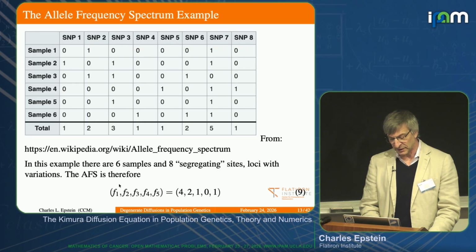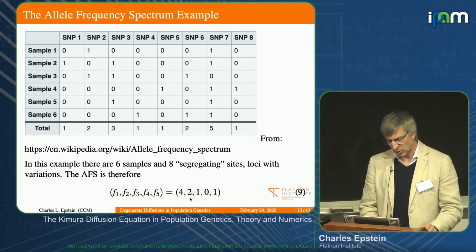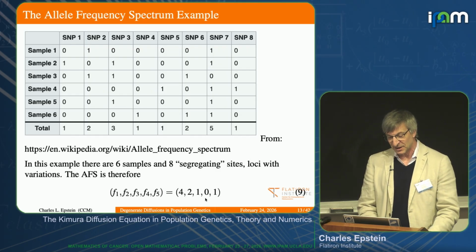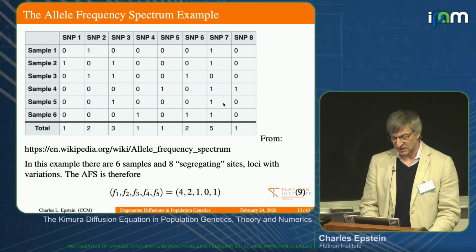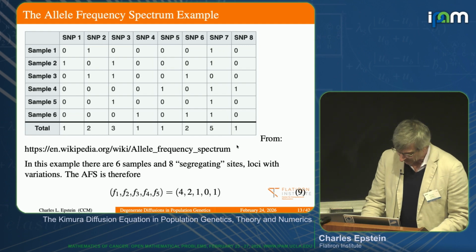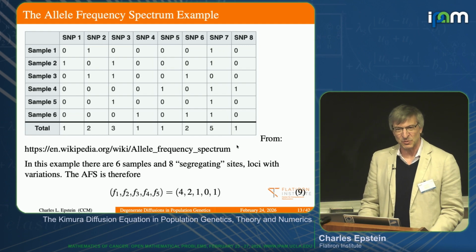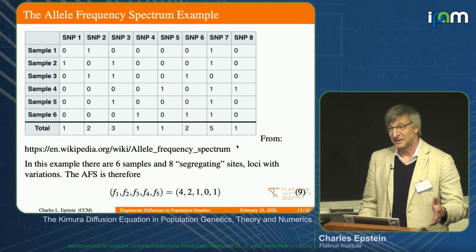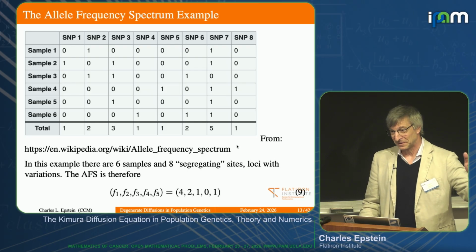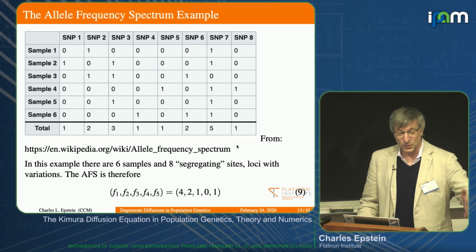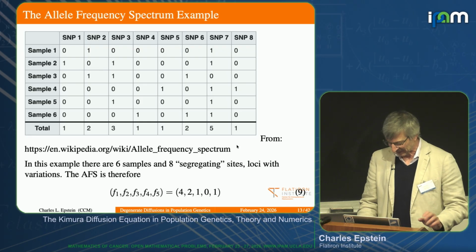The allele frequency spectrum is then 4 sites where the allele appears once, 2 where it appears twice, 1 where it appears 3 times, none where it appears 4 times, and 1 site where it appears 5 times. So you typically expect many more things to occur at low frequency. In fact, in the infinite sites model, there's an infinite number of members of the population with no mutations.